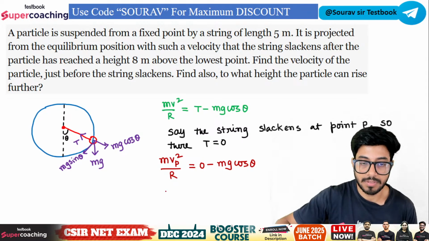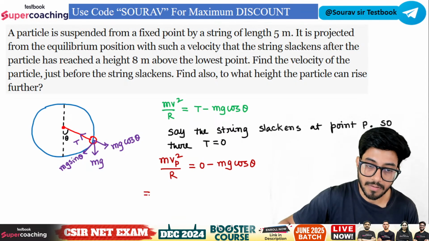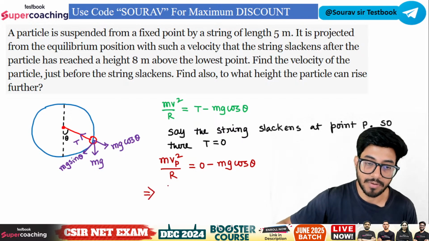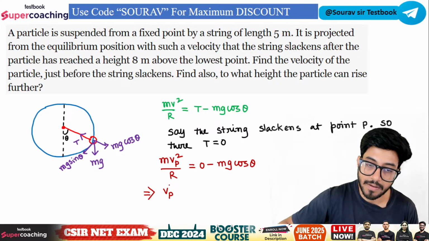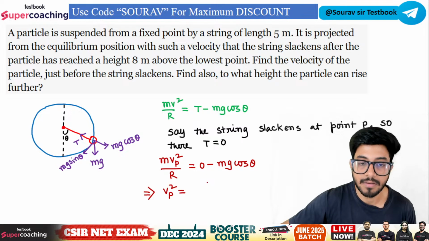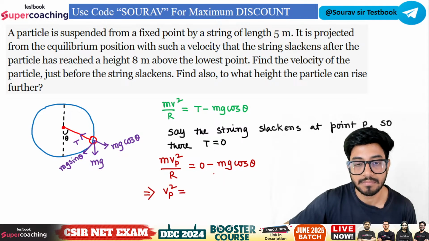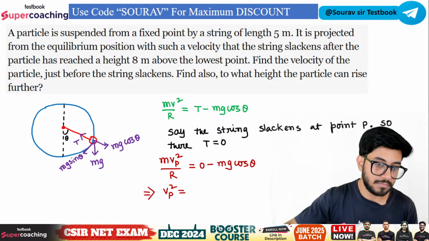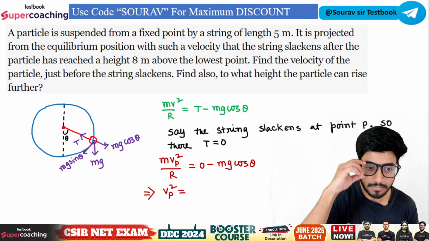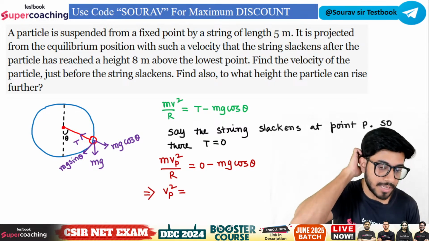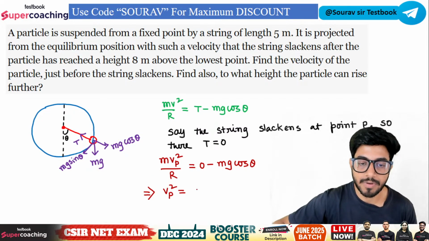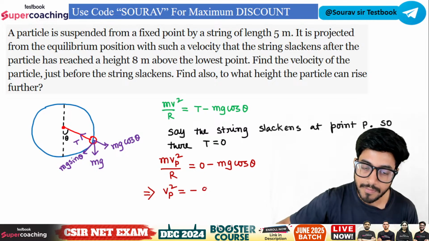So I know that from here m cancels out. vp square is then, what can I say? Yeah, the string will slack, this has to be positive, so vp square should be negative of gr cos theta.